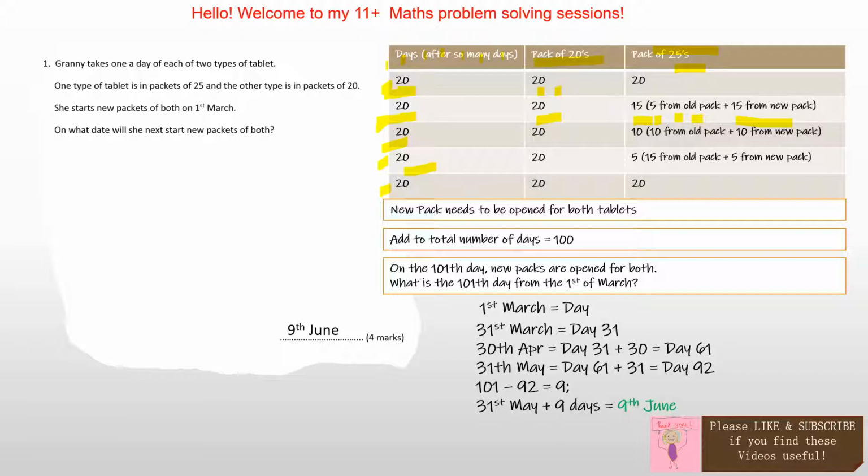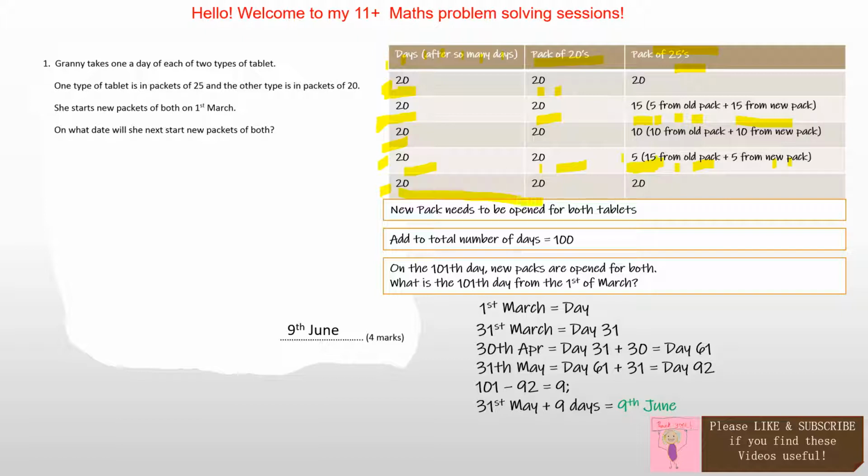Again, for the next 20 days it's the same thing, only for the pack of 25s it's now gone down to 5, because she had taken 10, and so there were 15 from that pack she had to take. So we have 15 from the old pack plus 5 from the new pack, so I put down 5 here.